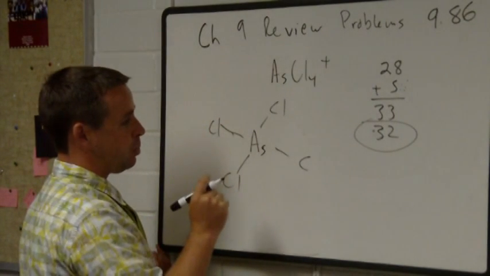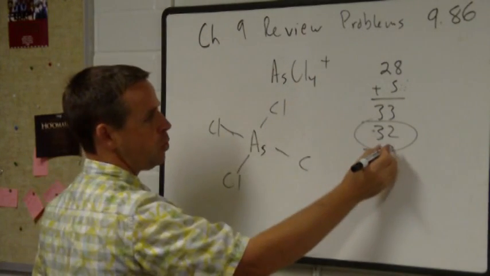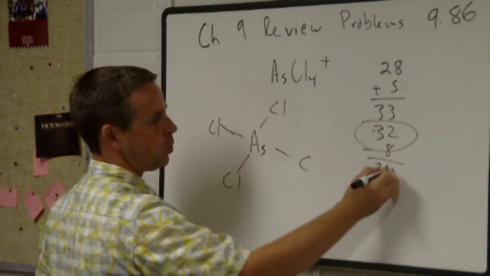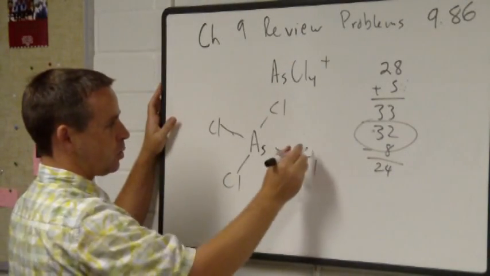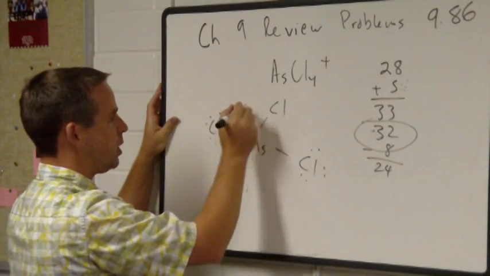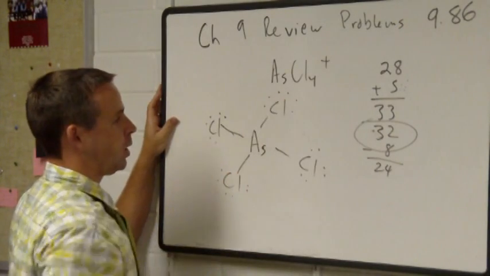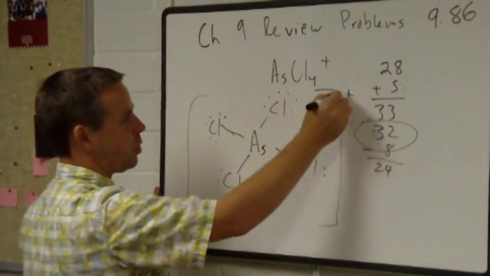We count them up, 1, 2, 3, 4, 5, 6, 7, 8. So we've used up 8, so now we have 24 left over. And then we start filling up the outside electrons, 1, 2, 3, up to 24. All right, so we know that this whole thing is going to have a positive charge, right?